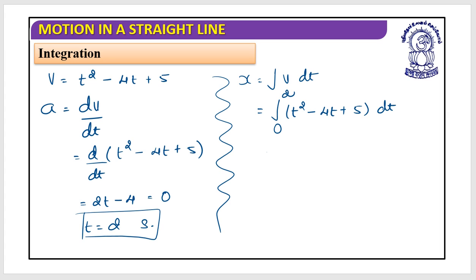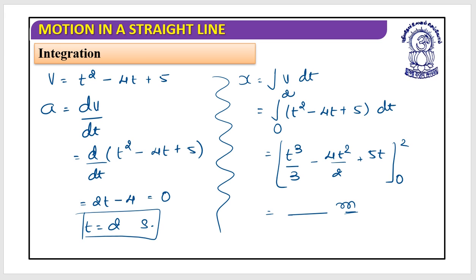Then you simply need to integrate this, that is t cube by 3 minus 4t square by 2 plus 5 into t. Put in the limits and have your answer in meters. Done? Are you sure? Can you solve this kind of thing?